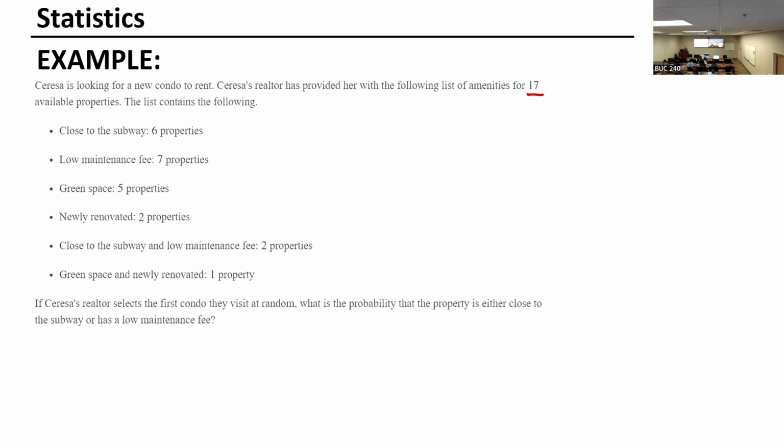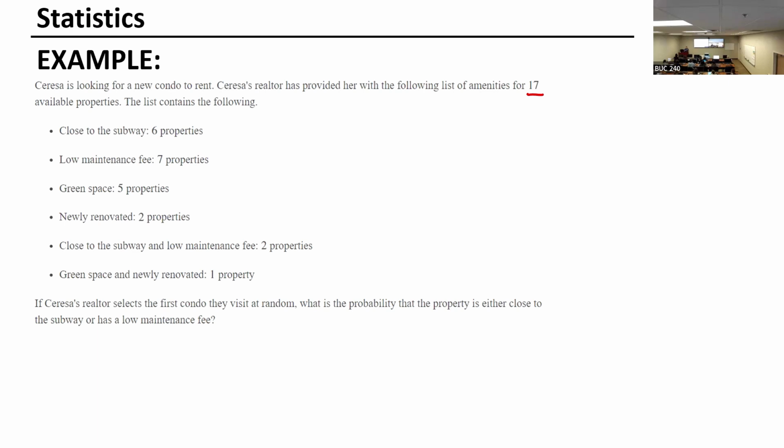The list contains the following: close to the subway, low maintenance, green space, newly renovated, close to the subway and low maintenance, green space and newly renovated. Okay? If Sarisa's realtor selects the first condo they visit at random, what is the probability that the property is either close to the subway or has a low maintenance fee?